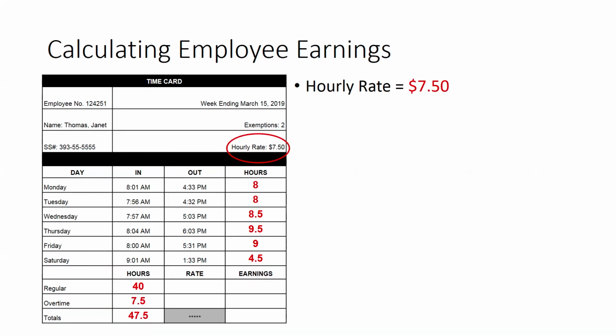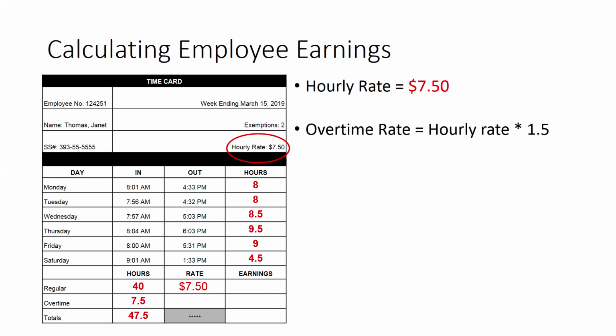The next step will be to calculate their earnings. So we can see up at the top of the time card that their hourly rate is $7.50. So we just need to plug that into the regular rate section. There you go. And then again, as we learned in class, to calculate overtime, you need to take the employee's regular pay rate, which for this person is $7.50, and multiply it by 1.5.